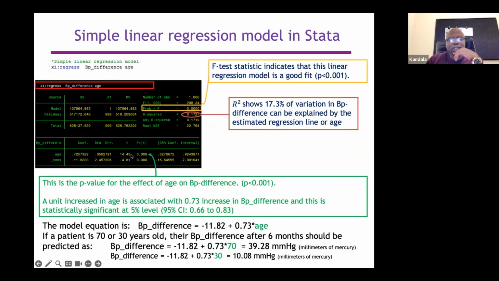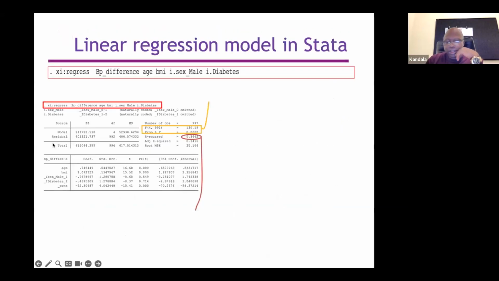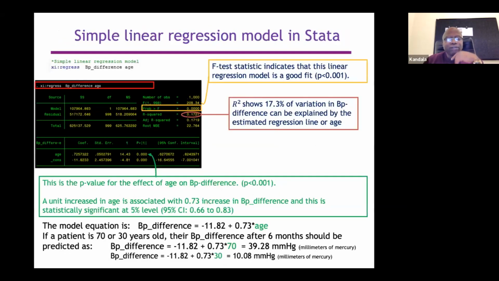So you can see here, this is age, and the dependent variable is the blood pressure difference. So the p-value there is less than 0.05. And we should be able to interpret also this result.